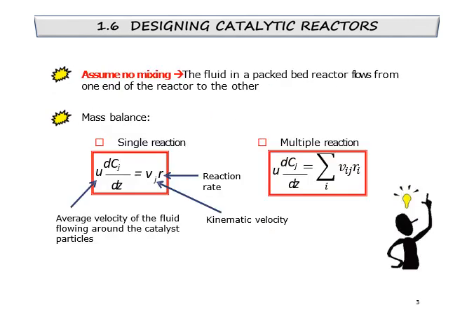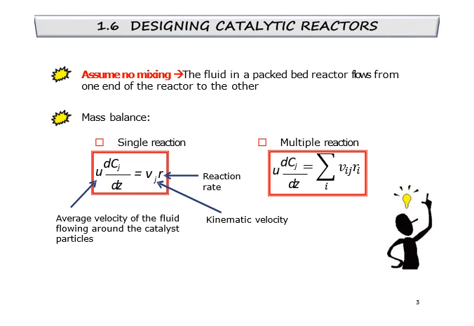Let's look at the mole balance or design equation for the packed bed reactor. First, we have to assume there's no mixing, in which the fluid in the packed bed reactor flows from one point to another point with no mixing.